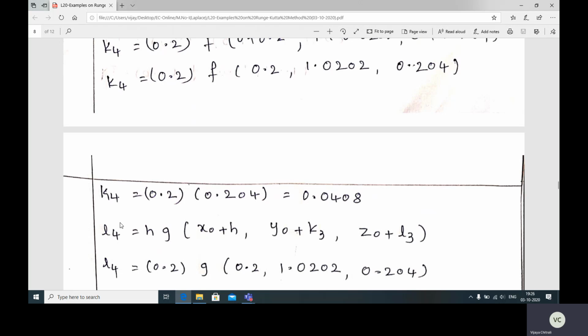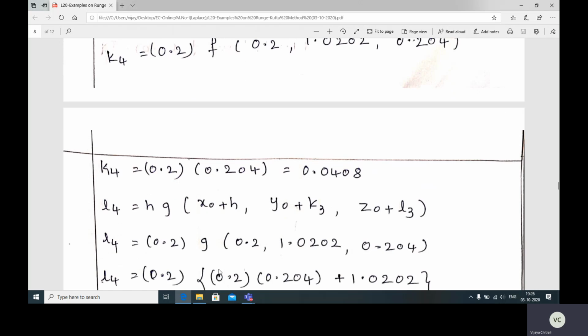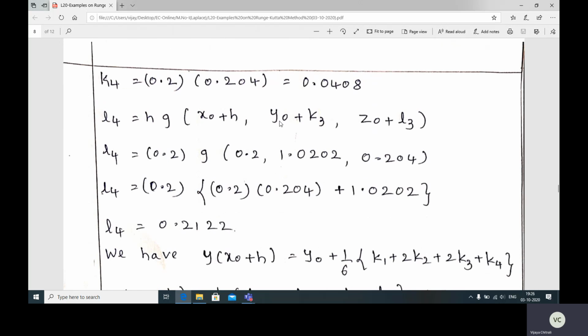Now calculate L4. So L4 is equal to h into g of x0 plus h, y0 plus k3, z0 plus L3.